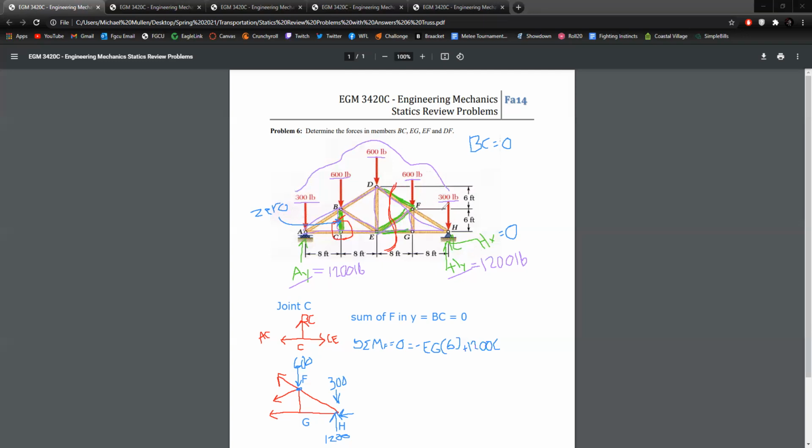F is over here, that distance is 8 feet. And then counterclockwise about F, our last force is minus 300, also times 8 feet.